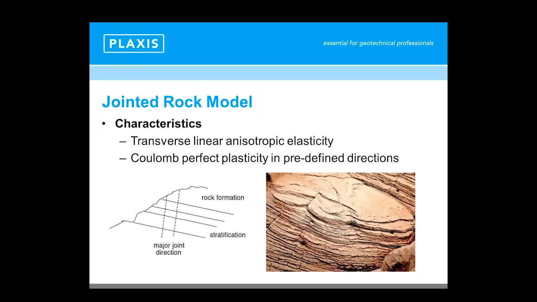And then additionally, the user can define up to 3 predefined directions along which and only along which plasticity and inelastic strain could develop according to perfect Coulomb plasticity, with for each predefined direction an independent set of cohesion, friction angle, and tensile strength.